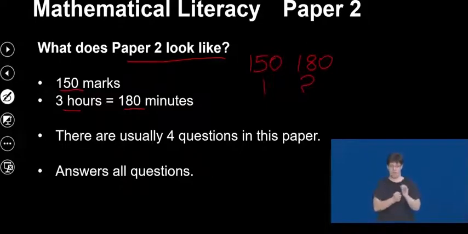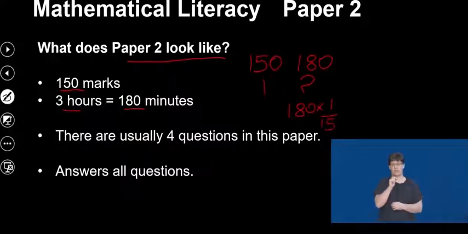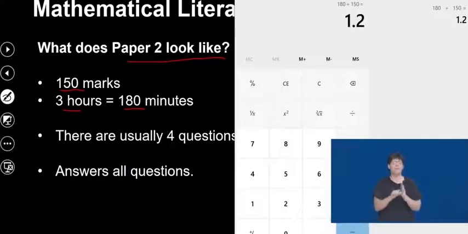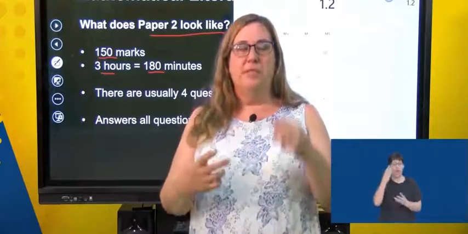I take my 180 minutes and divide it by 150 marks, and I get 1.2. So we now know that we've got 1.2 minutes per mark.